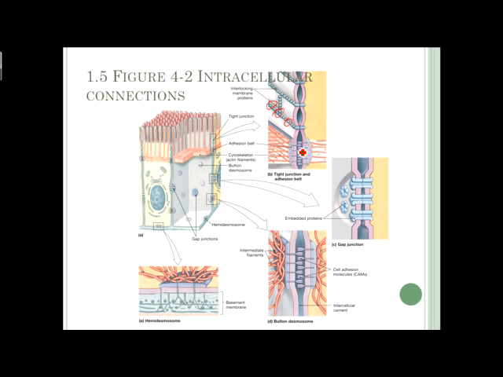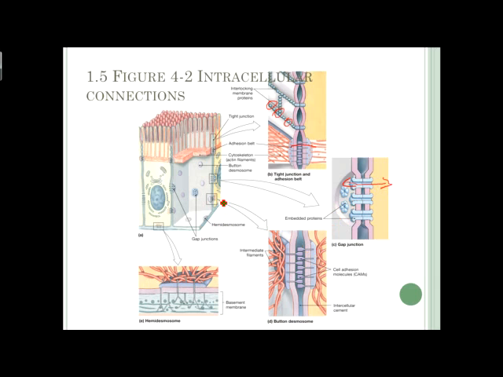This is an adhesion belt, and you'll notice here that they have protein anchors that go into the actual substance or the other intermediate filaments in the other part of the cell. This one here is a gap junction, and this would allow for communication between two cellular bodies.